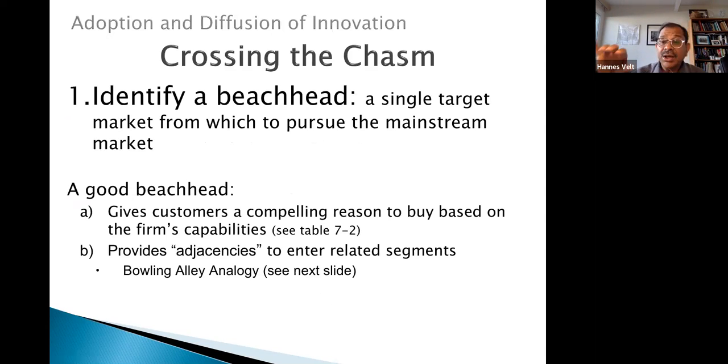You've fallen into the gap, and you need to have a foothold on the top of the cliff in order to pull yourself up. That first place is the beachhead. So it is the segment that has a very compelling reason to buy your product. They are the ones who see the most appeal. And then the second is they must provide good word of mouth referrals into adjacent segments.